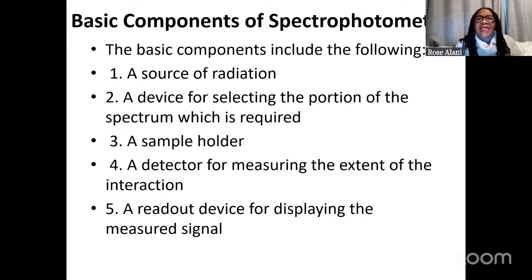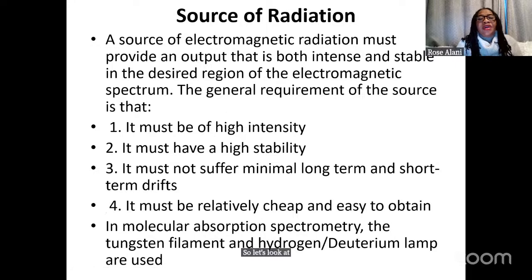Then you have a sample holder. You have a detector for measuring the extent of the interaction, and you have a readout device for displaying the measured signal. So let's look at them one after the other.